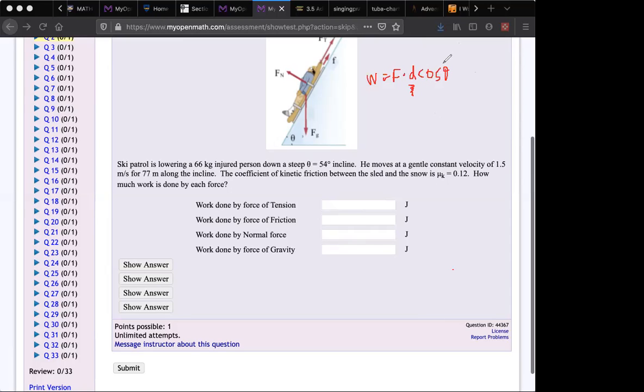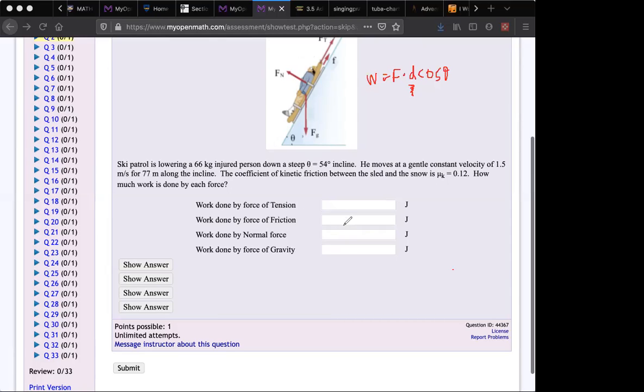But if it's cosine of 90 degrees, in other words, if the movement is 90 degrees to the force, then cosine of 90 is 0. And are there any forces here that are 90 degrees to the movement of the person? The normal force.